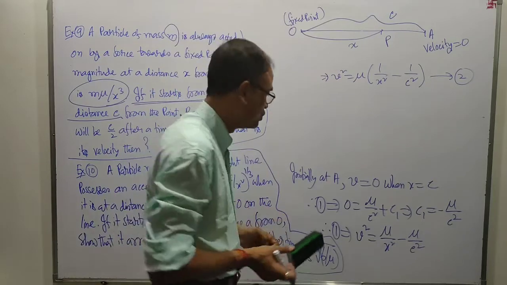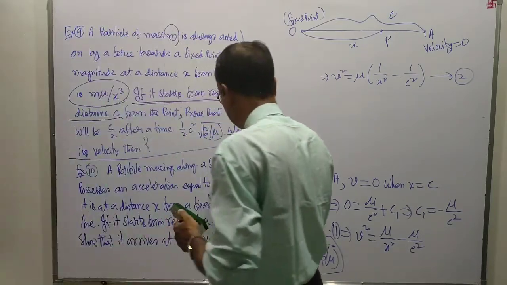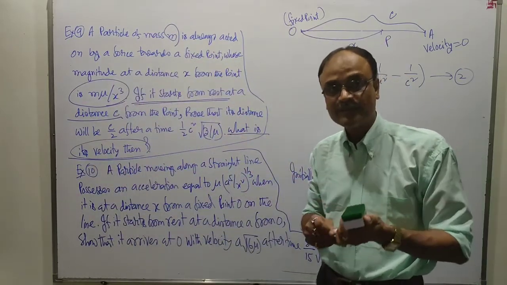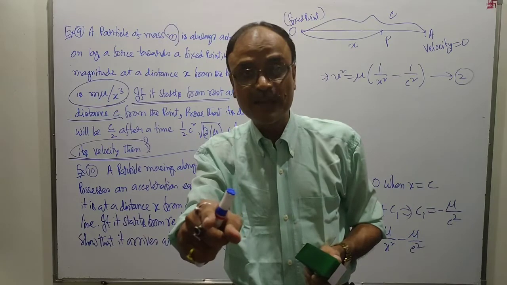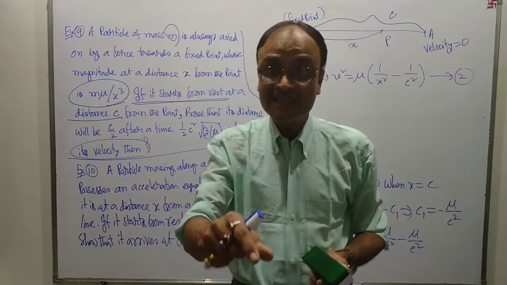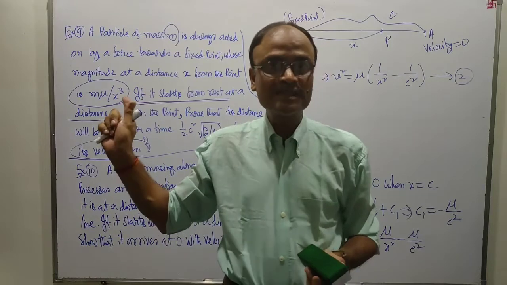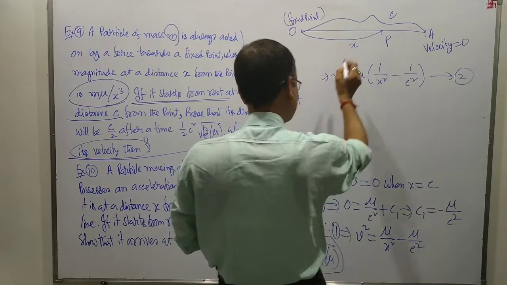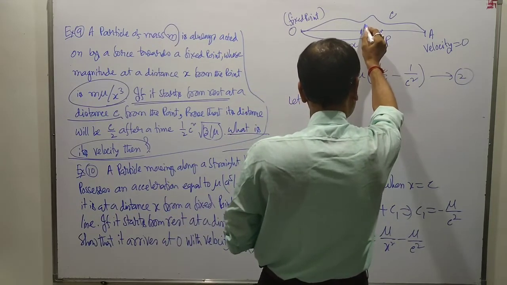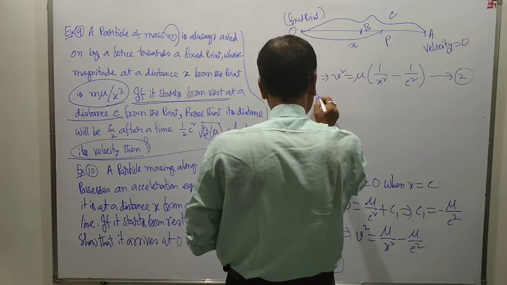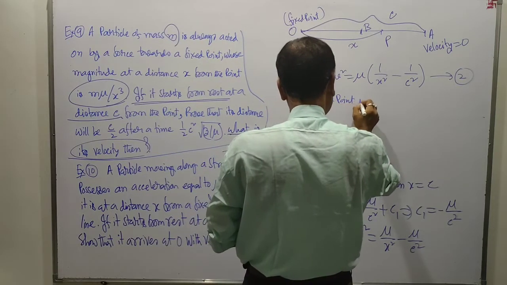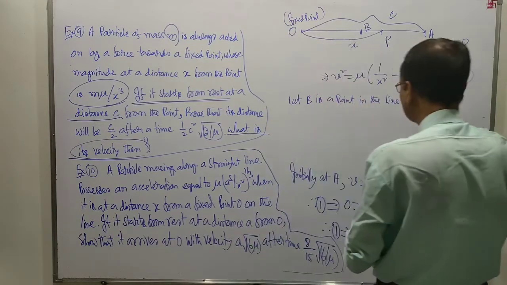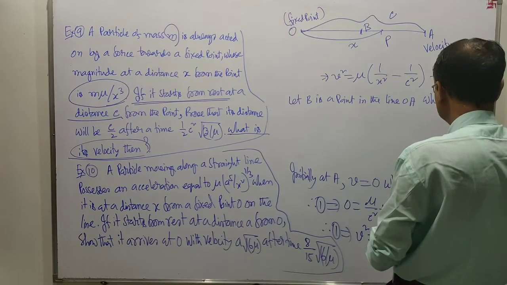Now we are going to find the answer of this. What is the velocity of the particle when it is at a distance c by 2 from the center of force? Let us suppose there is another point B in the line OA, such that OB is equal to C by 2.